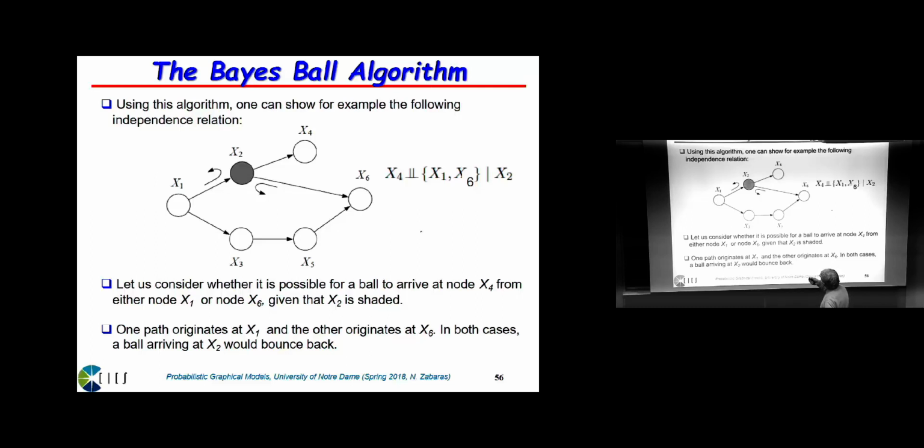If the ball goes this way, what happens here? Blocked. If the ball goes this way, can it go? Yes. Well, you tell me. What happens there? Can I go from x6 to x2?